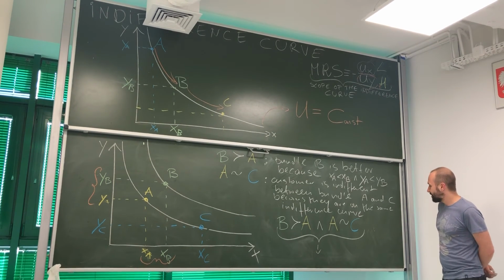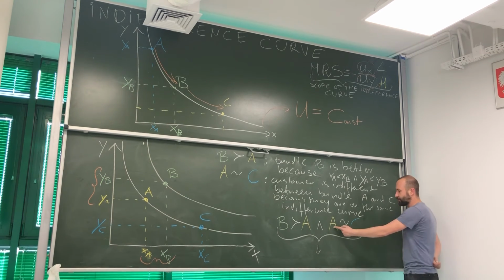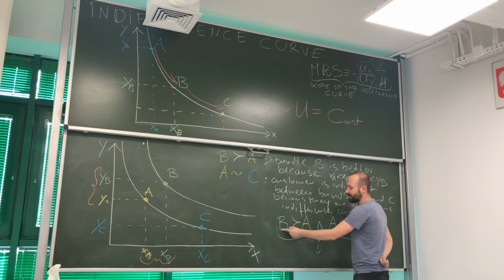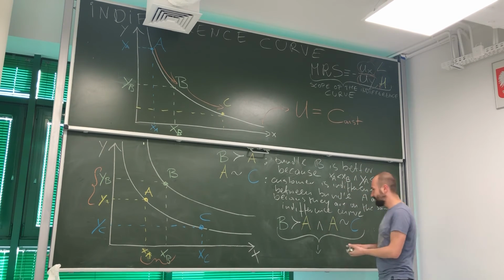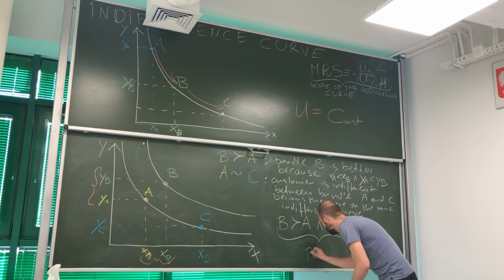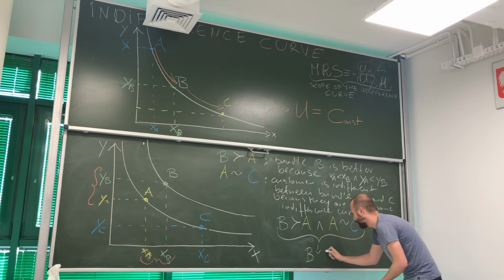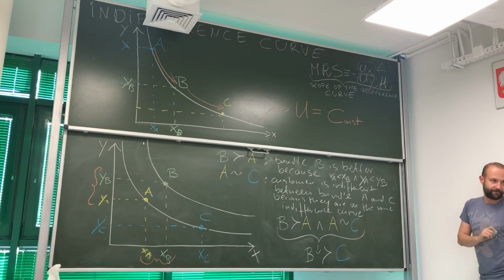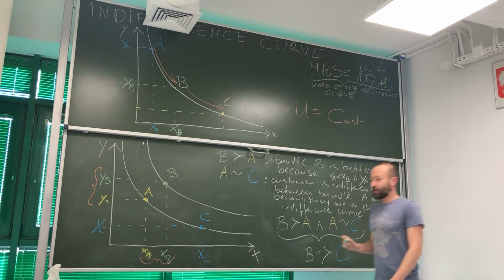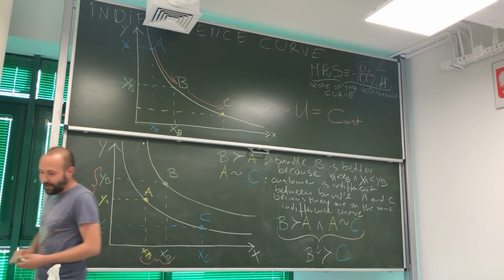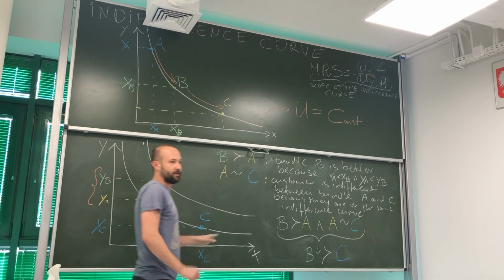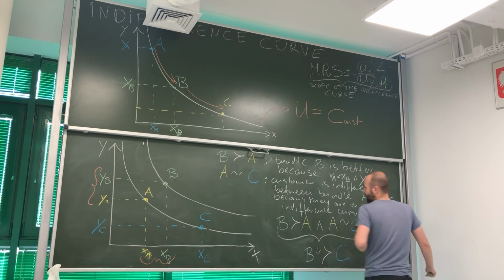Well, we definitely can get that if those two have the same utility and this one is bigger than this one, we can see that B should be preferred to C. Right?